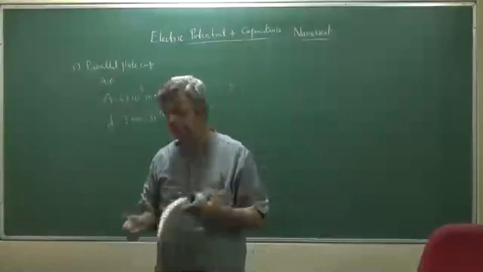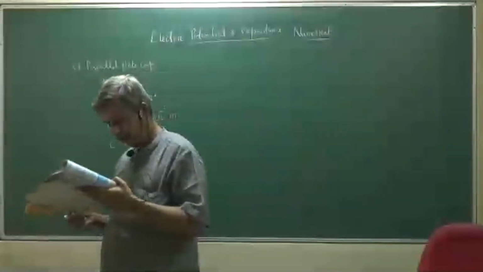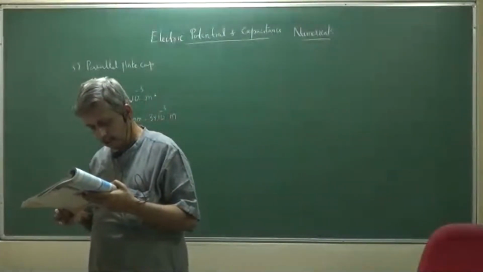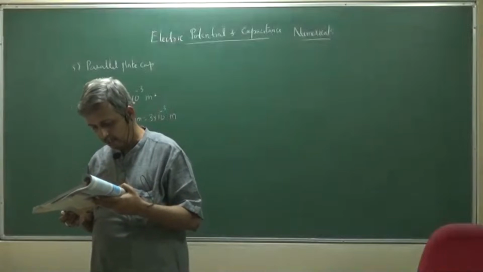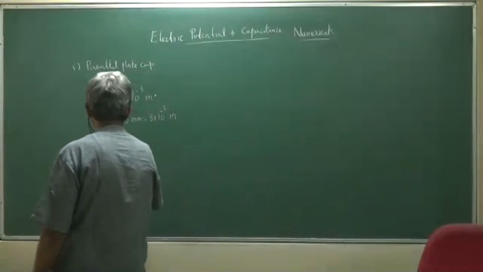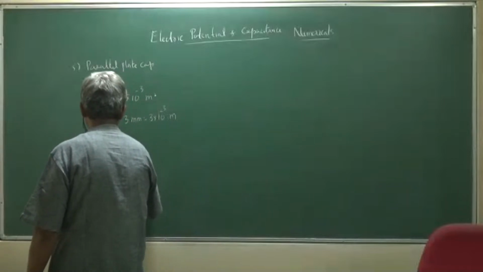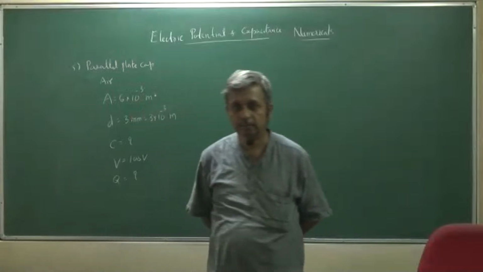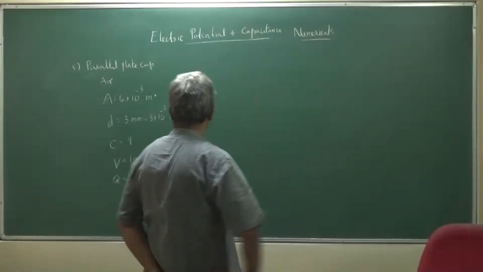The capacitor is connected to a 100-volt supply. What is the charge on the capacitor? So V is equal to 100 volts. So how is Q found? This is a very straight question, and the formula is already there.